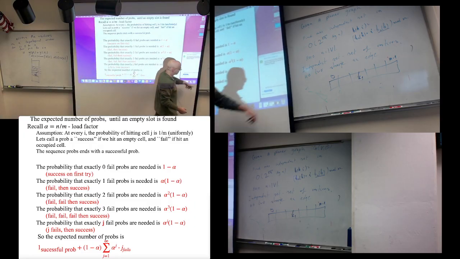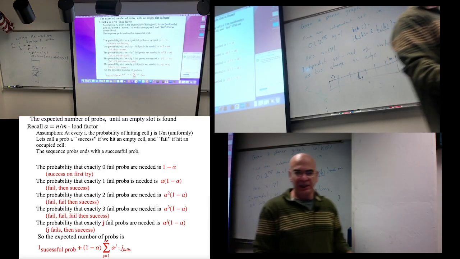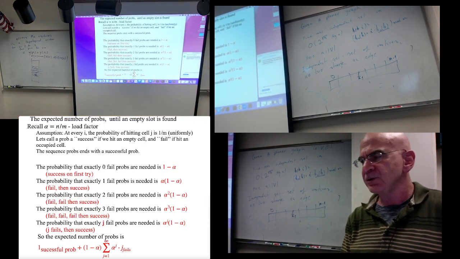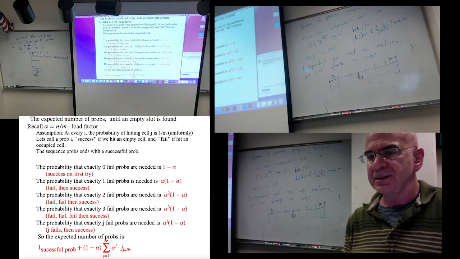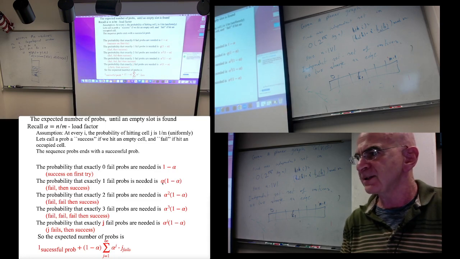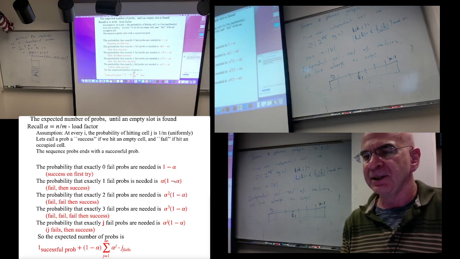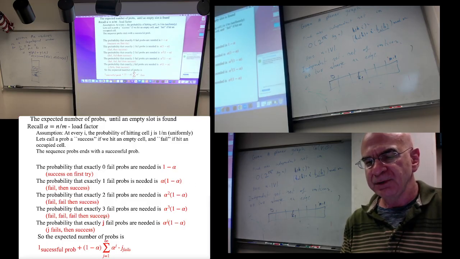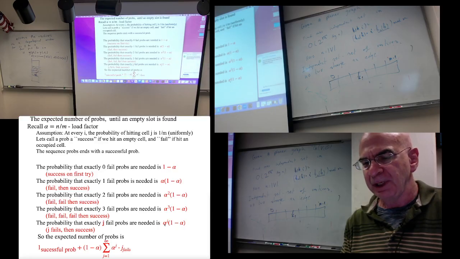If alpha of the cells are occupied, 1 minus alpha are empty, and that's exactly the probability that you need one probe. What's the probability that your first probe landed on an occupied cell, but the second on an empty cell? Exactly this one. 2 probes, 3 probes, j probes would be with probability alpha to the j, times 1 minus alpha.